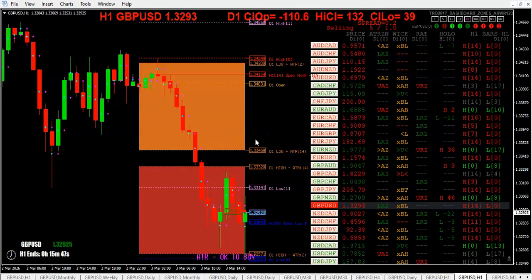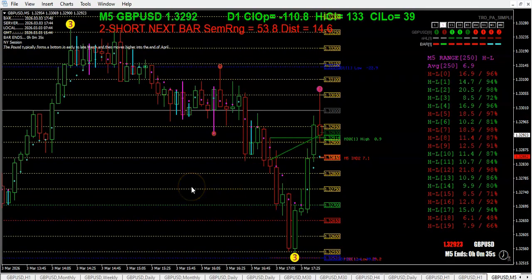Okay, we are definitely in the ATR range. Would have been nice to short here at the 5. It covered that return bar.